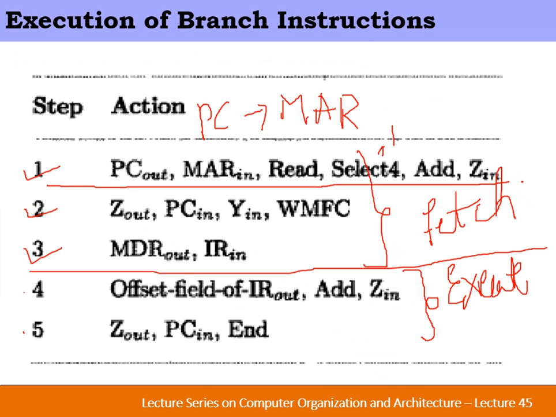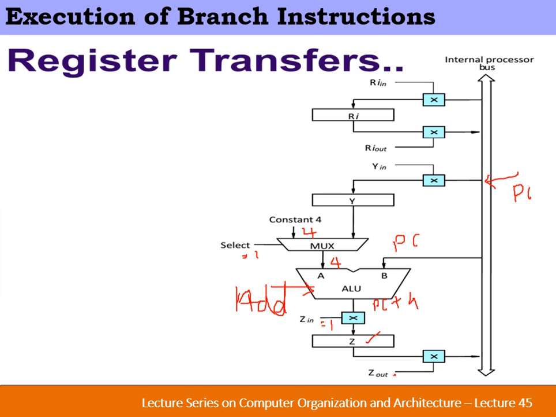This completes updating the contents using these 3 control signals to update the program counter value. Now making Z out equal to 1. Z out is a control signal. Making Z out equal to 1, the content of the Z register starts to propagate on the internal bus.